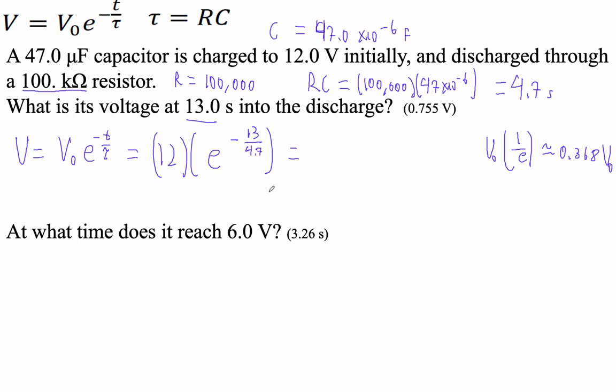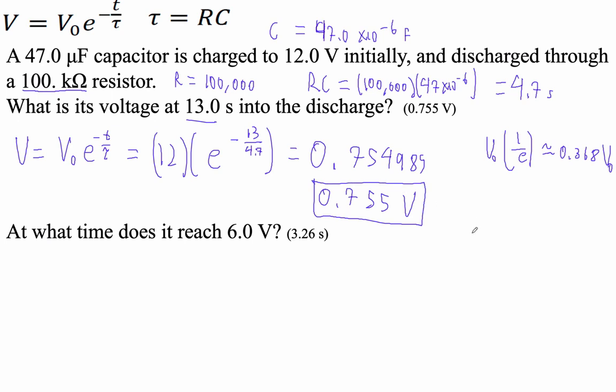But this isn't a half-life though. So 12 times e to the negative 13 divided by 4.7, and that voltage is 0.754989, so 0.755 volts. At 13 seconds, it will have dropped to 0.755.